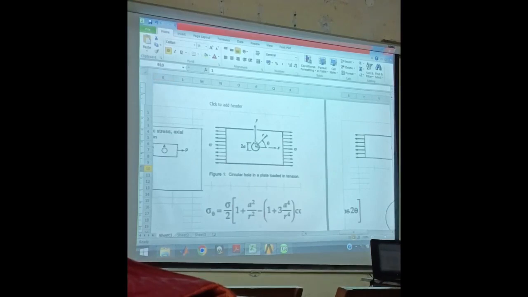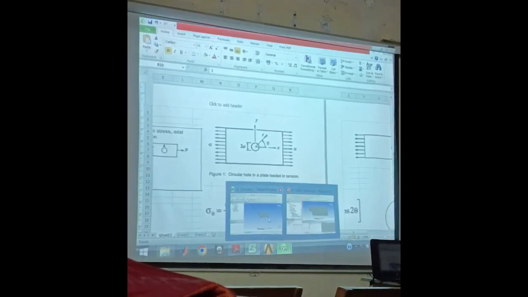When it is sigma theta, that one is related to stress concentration. If I am here or I am here, when I am here, theta is 90 degrees, and I am talking about the stress along the horizontal axis. But when I am here, it is along the vertical axis. You can give the answer here later.